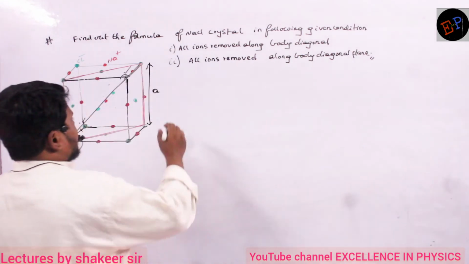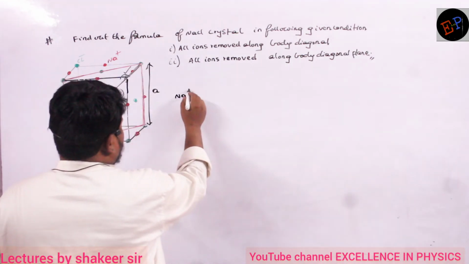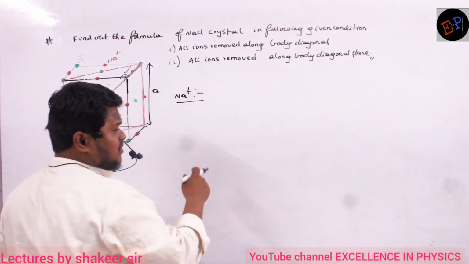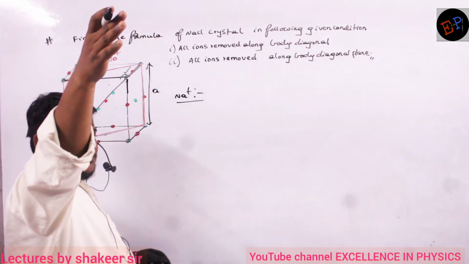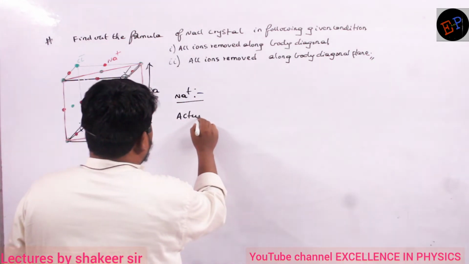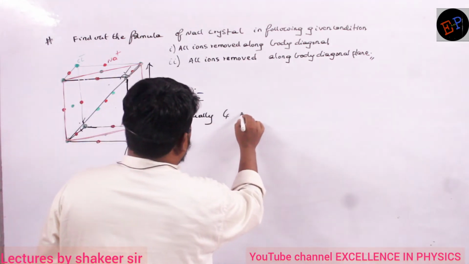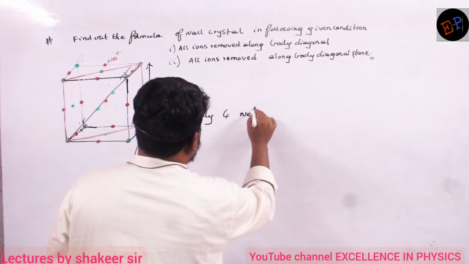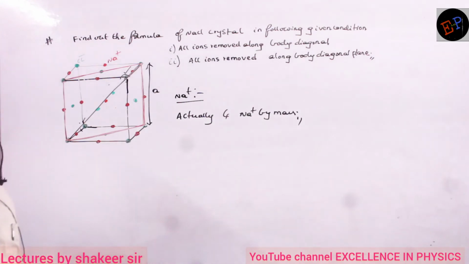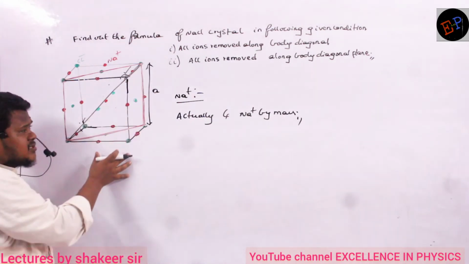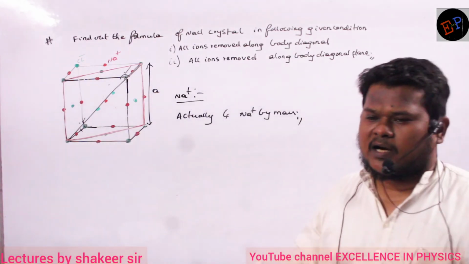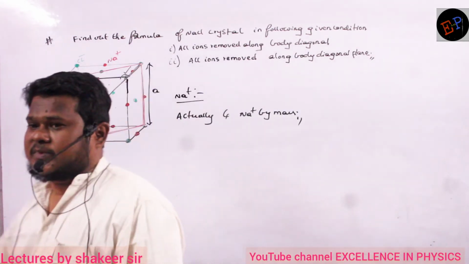And that we have to prove by our calculations. So Sima, first of all, I will calculate with Na plus. Actually, how many atoms are present by mass? 4 Na plus by mass. Now can you say how many Na plus the body diagonal is touching? 2.